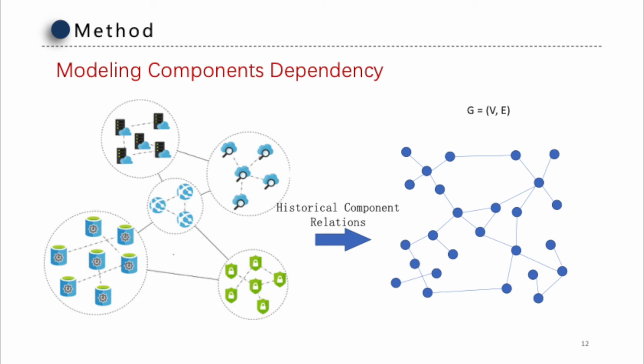Based on the records, we build a graph G equals (V, E), where V is the set of all components and E represents the set of existing historical incident links between every two components. If two components have ever been linked together before, we link them in the graph. Then we use the node2vec algorithm to learn the low-dimensional representation for each component in the graph.